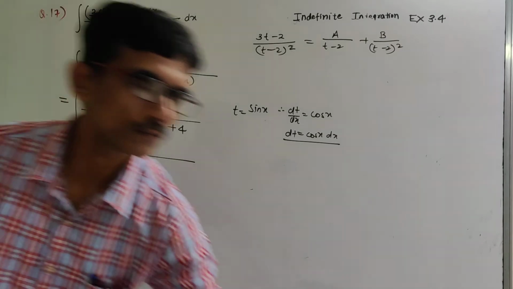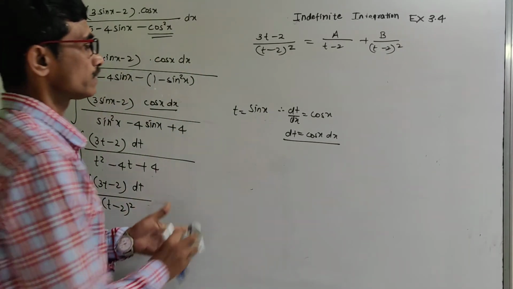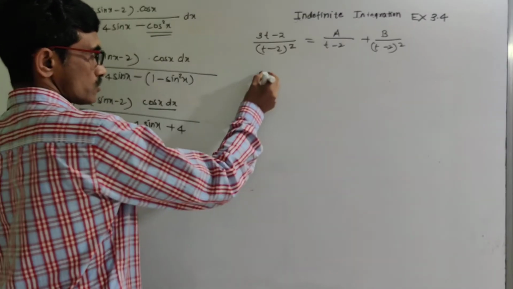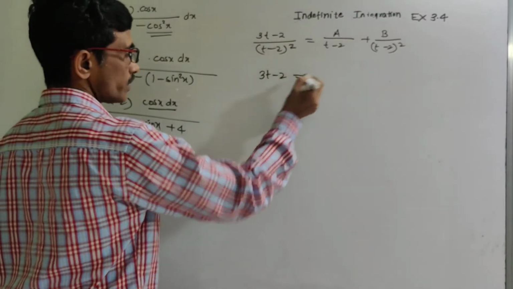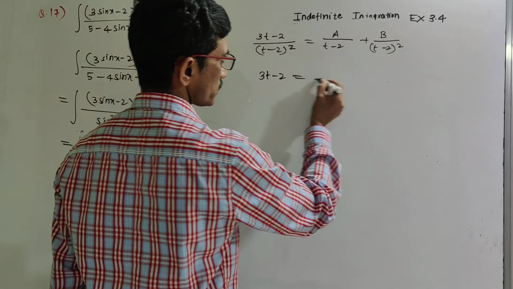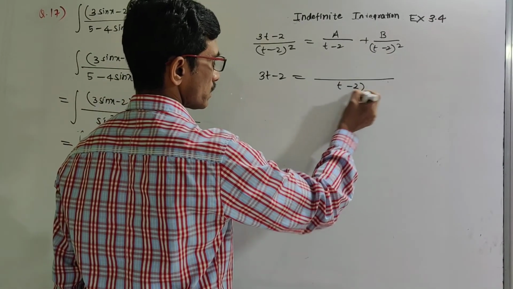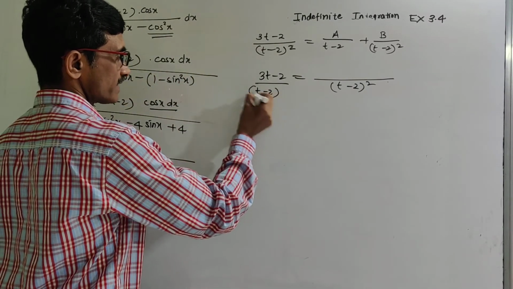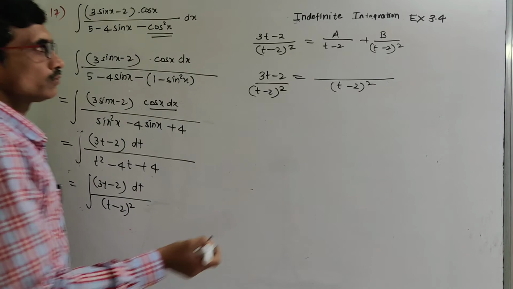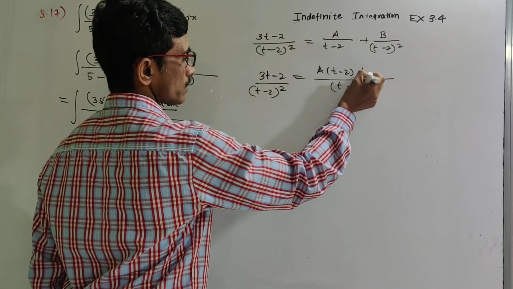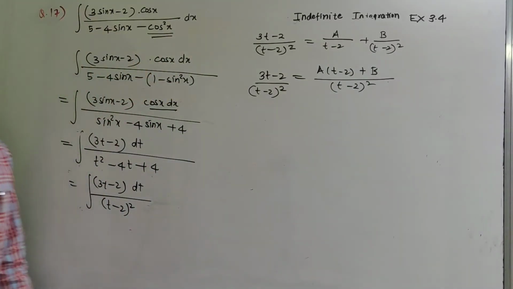Then constants a and b we find. 3t minus 2 is the numerator, the LCM of the denominator is t minus 2 square, here also t minus 2 square, a into one factor we multiply, a into t minus 2 plus b, equating the numerators.